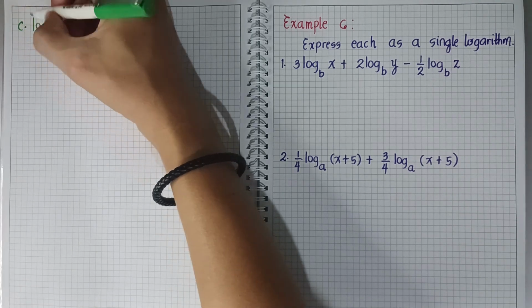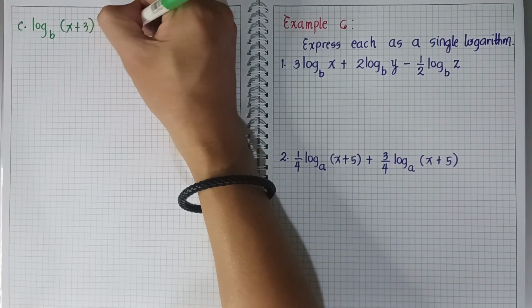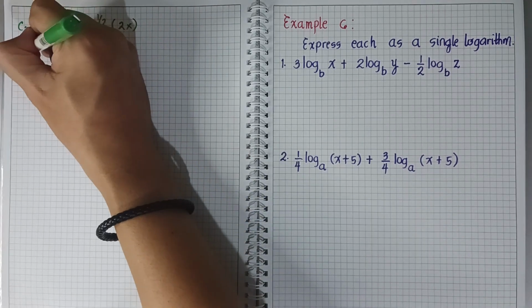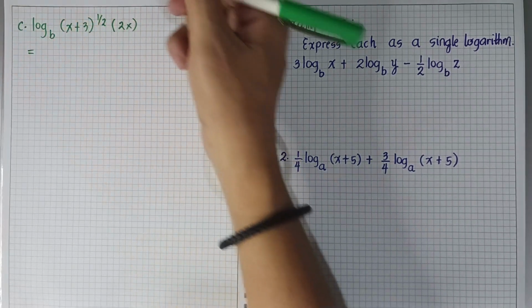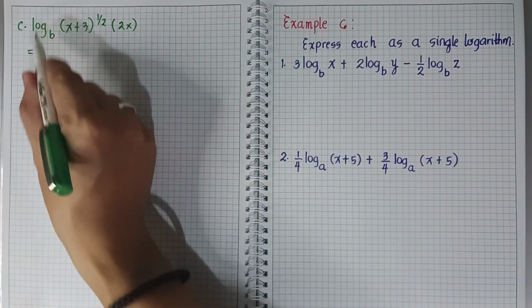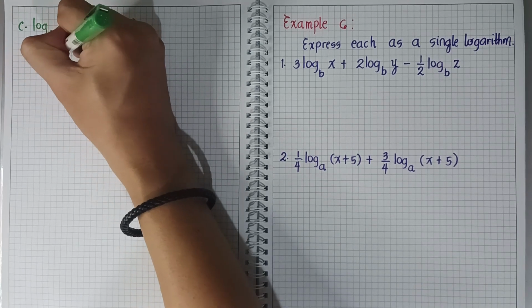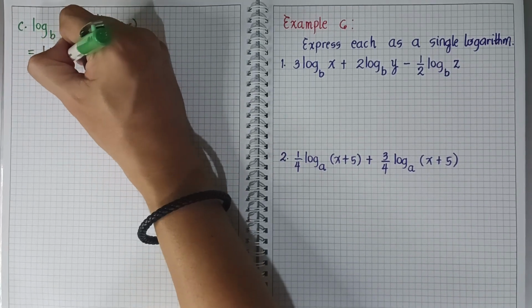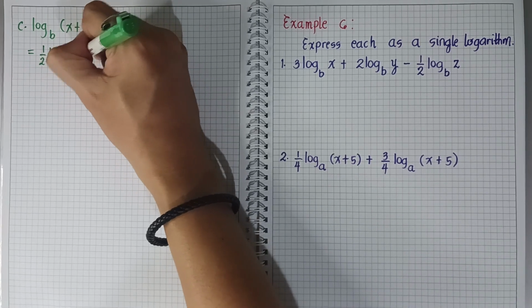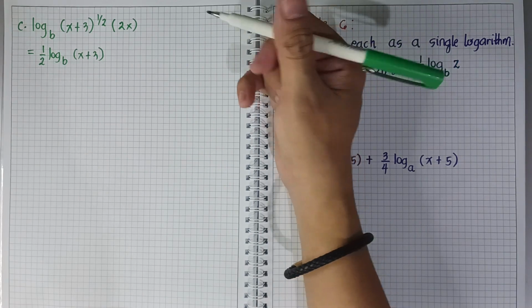And then our base is b. And then times 2x. Okay. So, this is now equal to, yes. So, ito, yung 1/2, ilipat natin. So, 1/2 log, and then write the base b, and then x plus 3. Okay, nasundan ba ako guys?